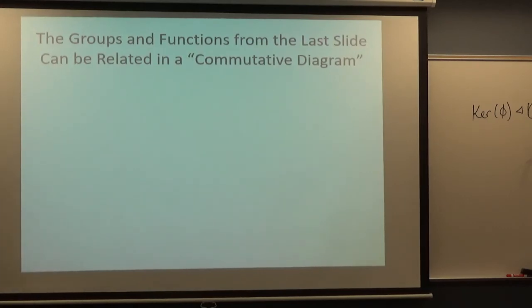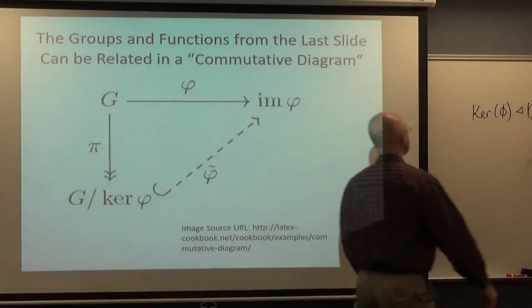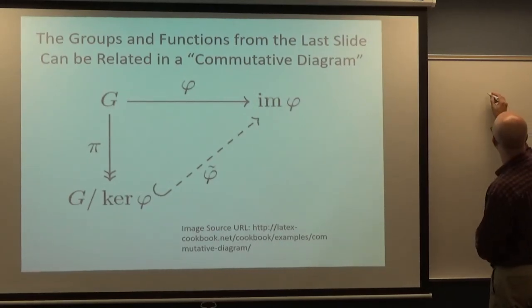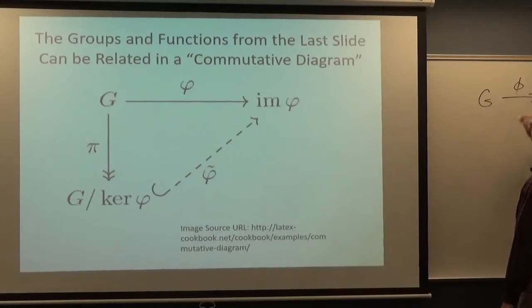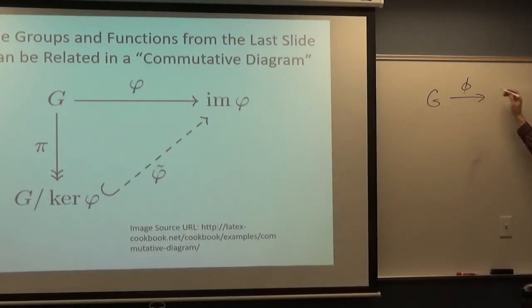And this is the picture that I put on Moodle off the internet. This picture, with slightly different notation, using a fancy phi here instead of an ordinary phi. So you've got the original group up here. You've got this homomorphism, I'll write it my phi this way like we've been doing, onto G bar, but, well, maybe not onto.